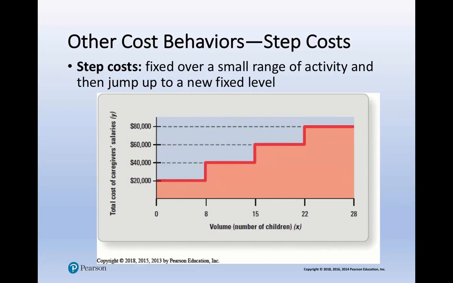So again, it's kind of like a mixed cost, but rather than a steady variable proportional increase, once we get to a certain characteristic, or beyond maybe what the legal limit is or the requirement from the company, we have to add an additional fixed cost.